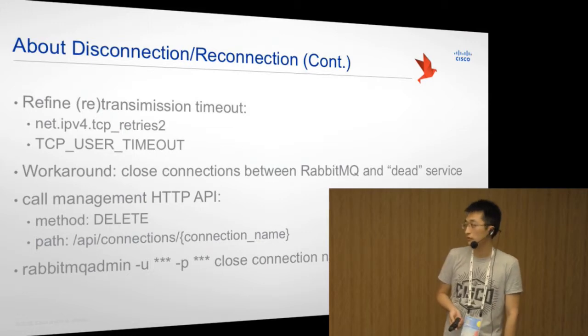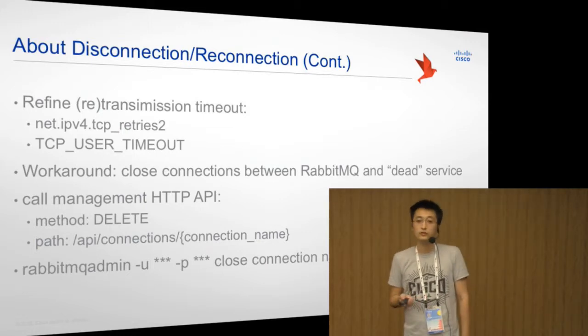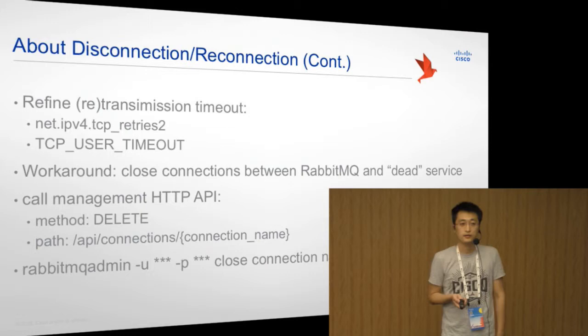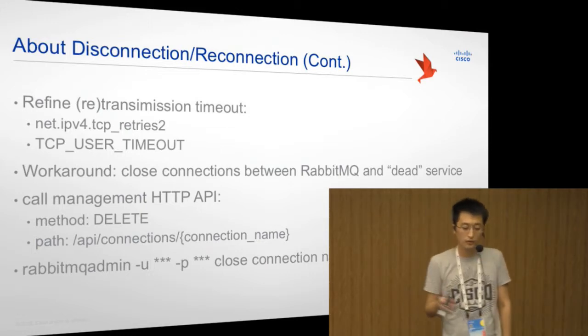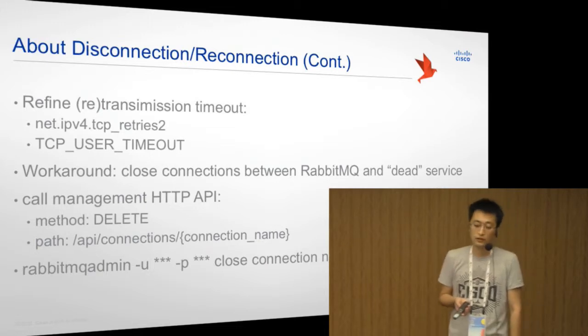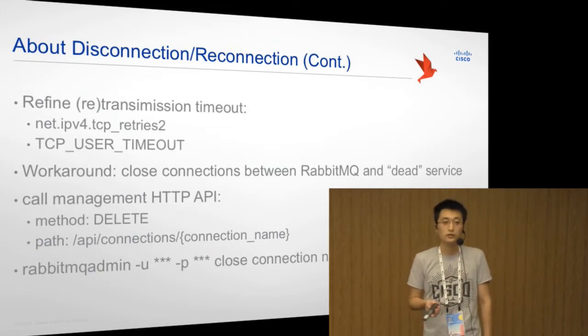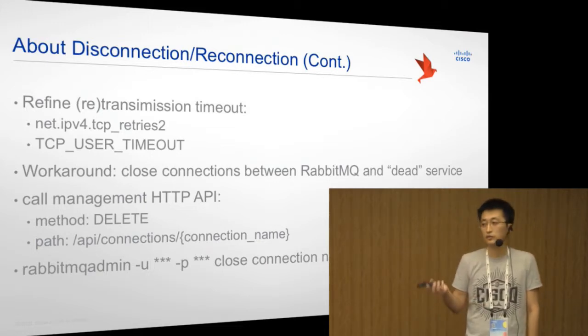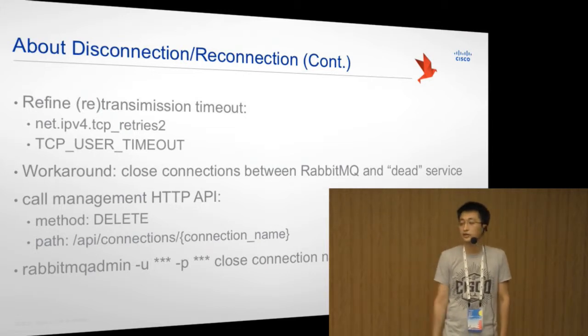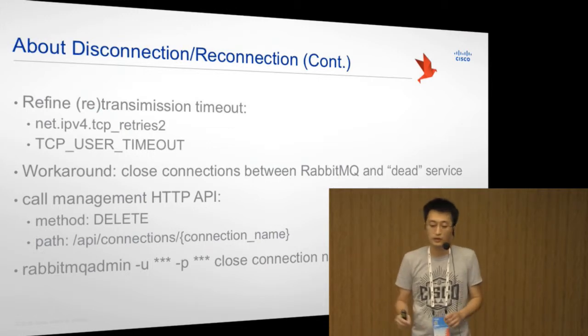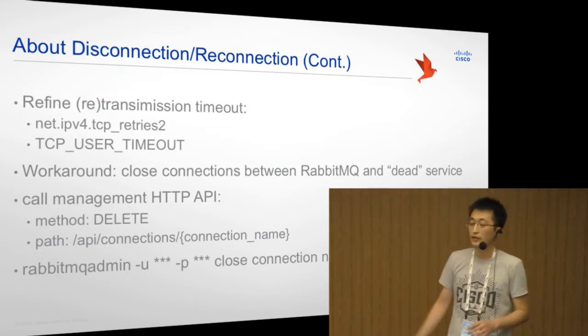from RabbitMQ. In the RabbitMQ management HTTP API, there is a REST API that allows you to delete this path. Also, you can just run the rabbitmqadmin command to close the particular connection. Once you close that connection, it will trigger both ends to realize the connection is gone.